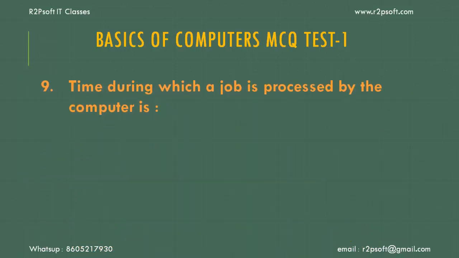9. Time during which a job is processed by the computer is A. Execution time, B. Delay time, C. Real time, D. Waiting time, E. None of this.